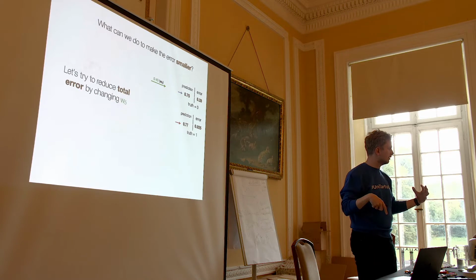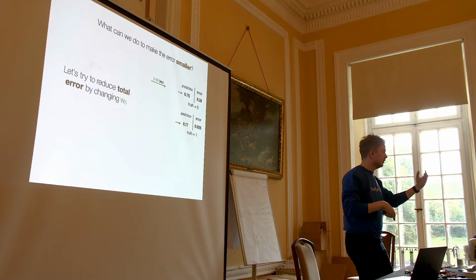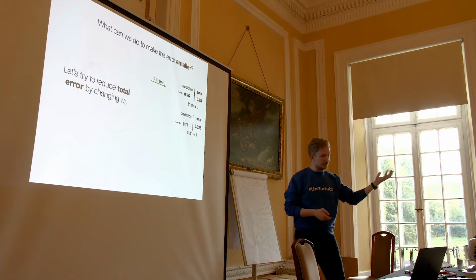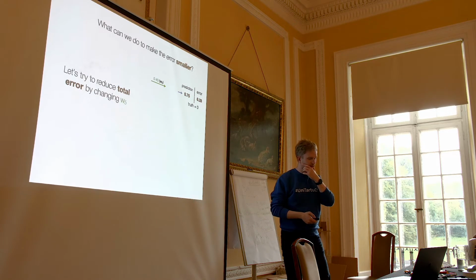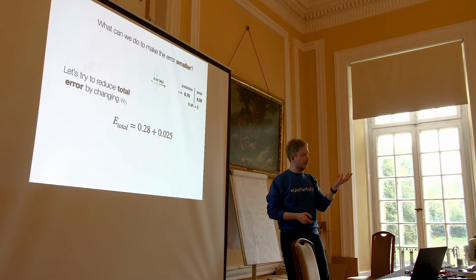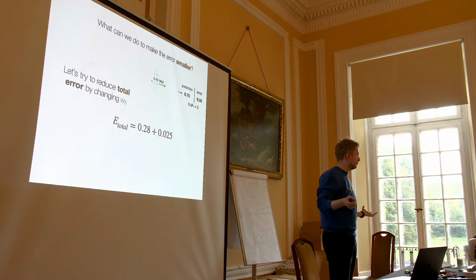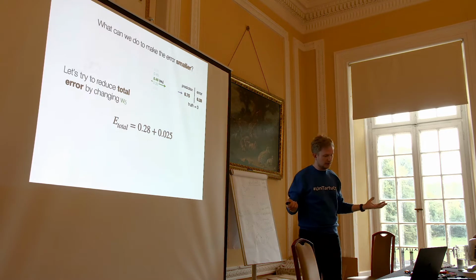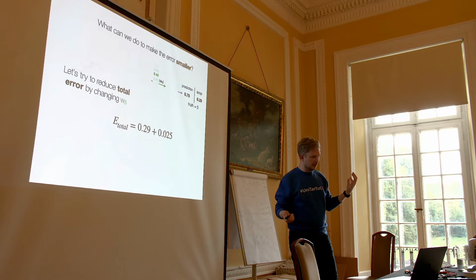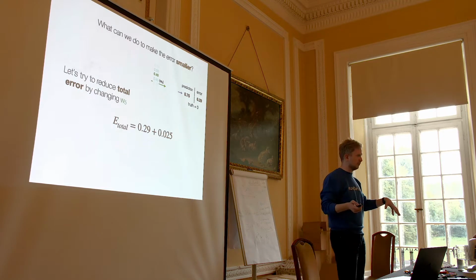Plot it, like how the output changes based on W5. Or simply, what you can do is try different values of W5 and see how that influences the total error. For example, I can increase it, and suddenly my total error gets bigger.